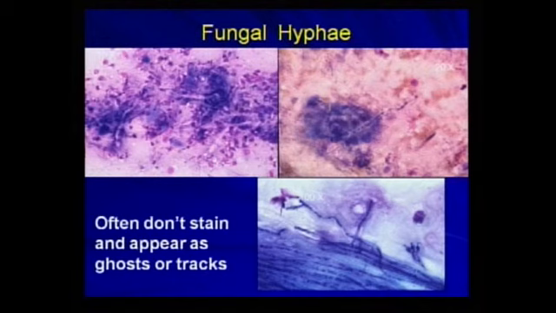The identification of fungal hyphae in cytologies is not a common diagnosis. Often they don't stain, so it makes them a little more difficult to identify. If they do stain, as we see in the two cytologies on the right, septations show up extremely nicely.